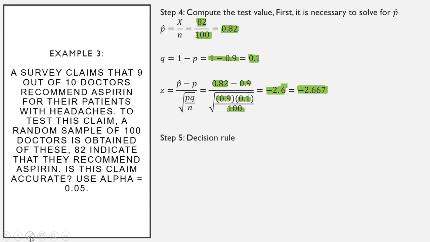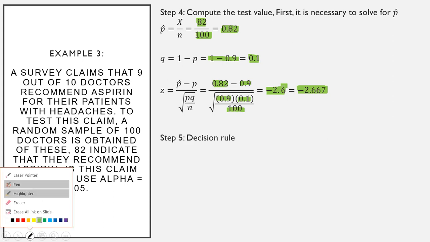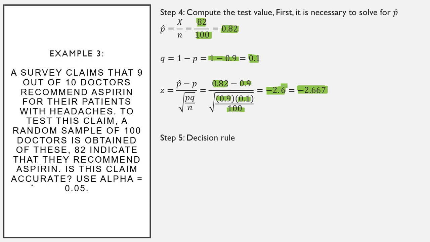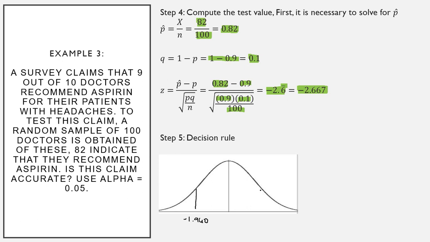Decision making, of course, this is very important. Okay, so we're going to draw first the normal curve. Okay, syempre we're going to identify the tail. So we have here on the left negative 1.960 and then positive 1.960. Shaded region will be on this side, while for this side, ito po siya. Okay?